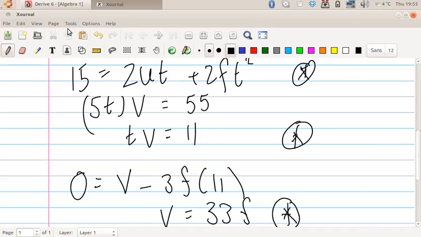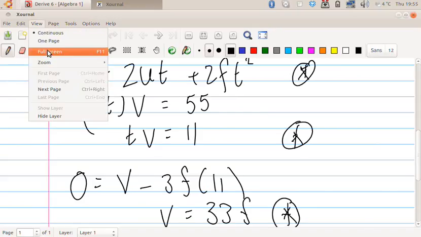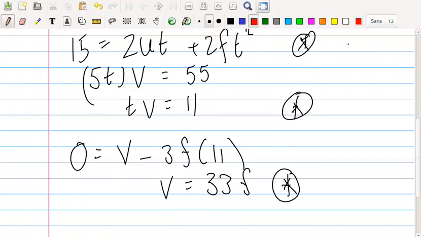I'll put this bigger. In this equation, it's in terms of t, so we treat t as if we know it. So the unknowns are u and f. Here the unknown is v, and here the unknowns are v and f. So this one is actually the best, because it says v equals 11 over t.